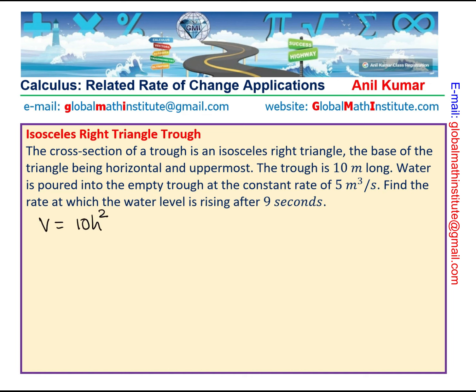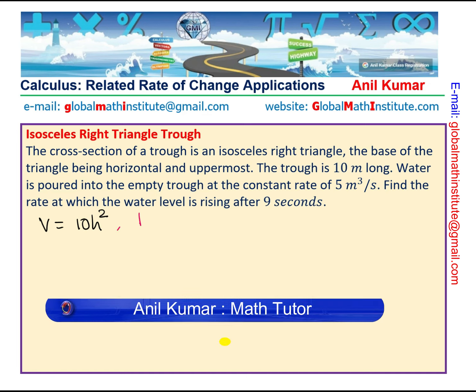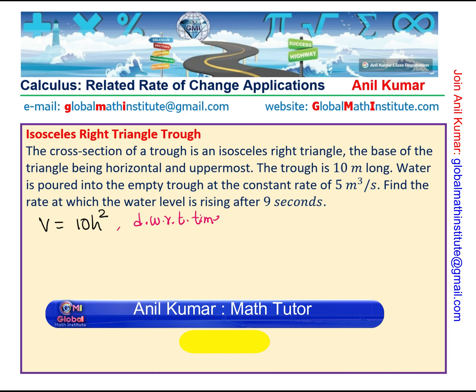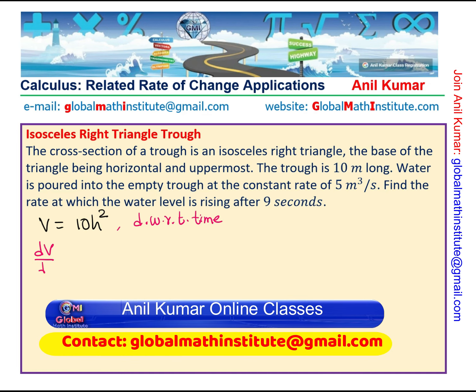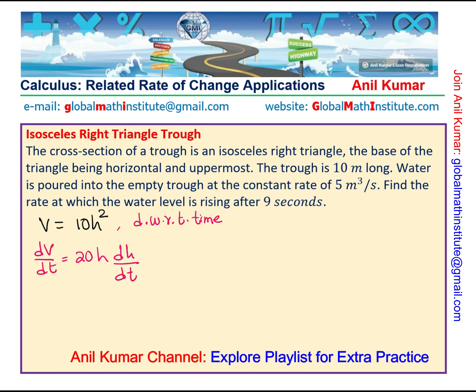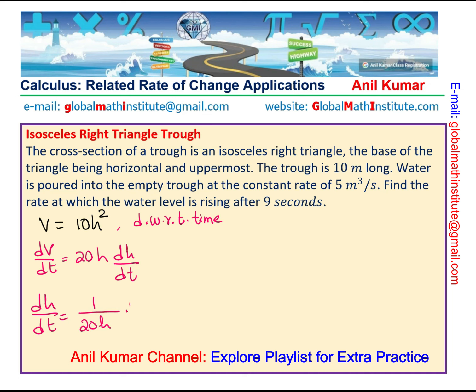We can differentiate with respect to time, which means we get dV/dt equals 20h dh/dt. So we can find what is dh/dt now. So dh/dt will be equal to 1 over 20h times dV/dt.